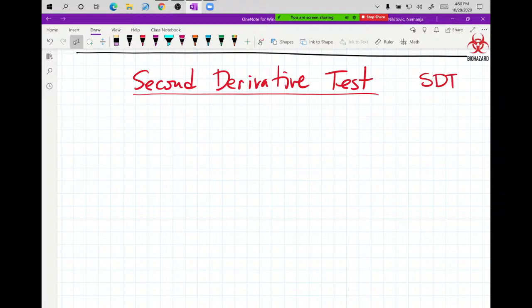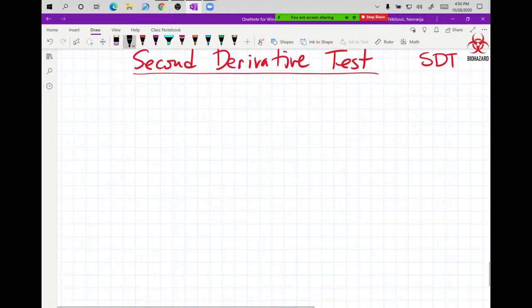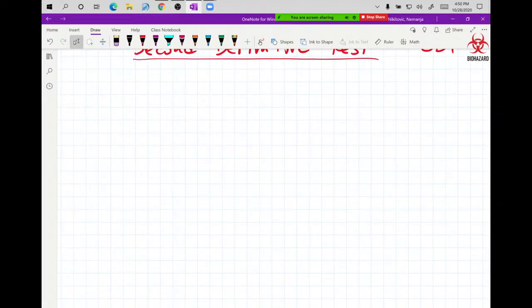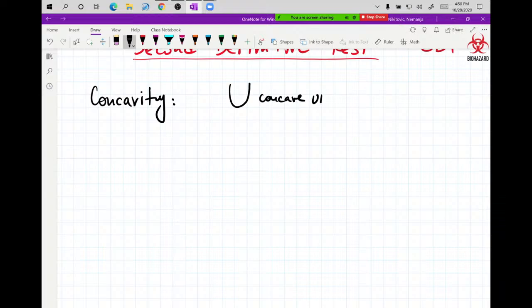Now, to understand concavity and why we bother with it, let's start learning about concavity first, and then we'll do the second derivative test. So concavity. I did already tell you that something like this is concave up, and something like this is concave down.